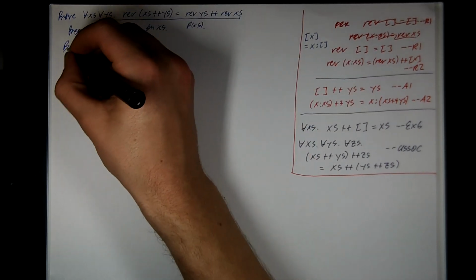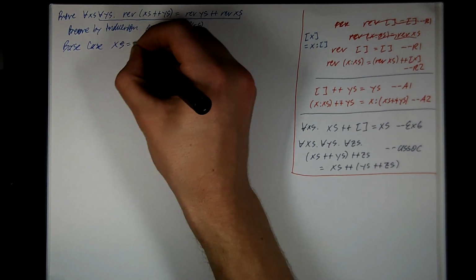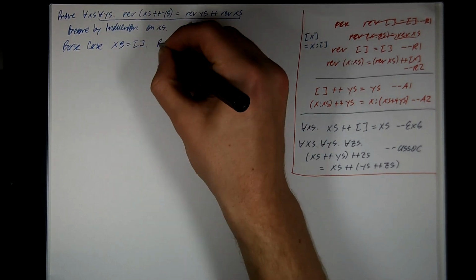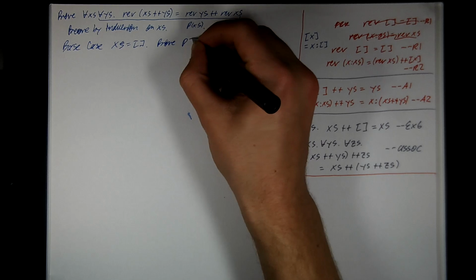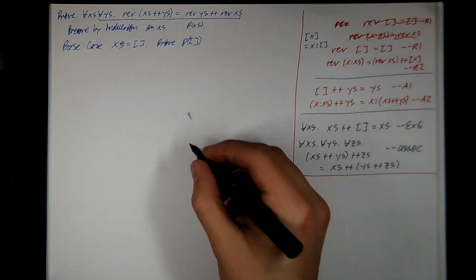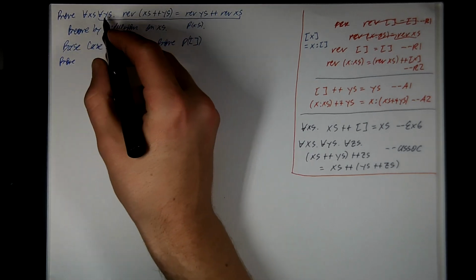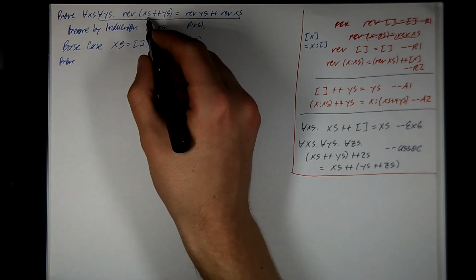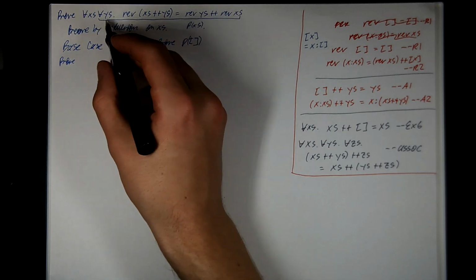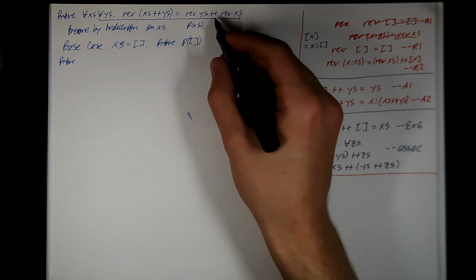Okay, so the base case is when xs is empty, i.e. I want to prove P of the empty list. So we want to prove for all ys, rev of empty concat ys is rev of ys concat rev of empty.